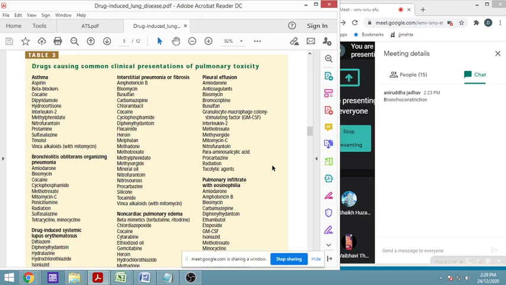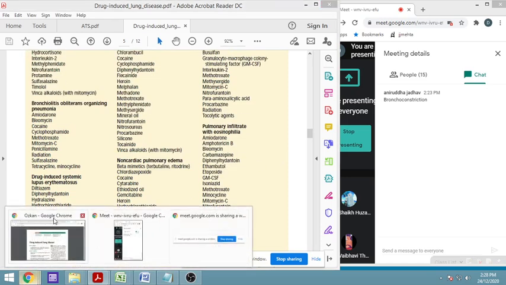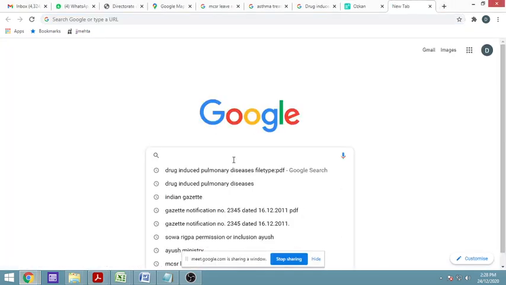Then there are drugs causing pulmonary infiltrate problems. There are many of these.